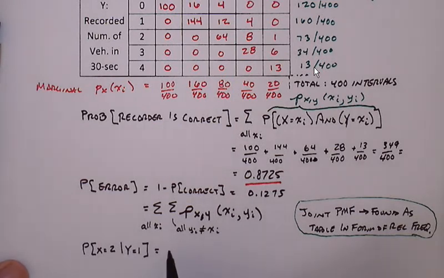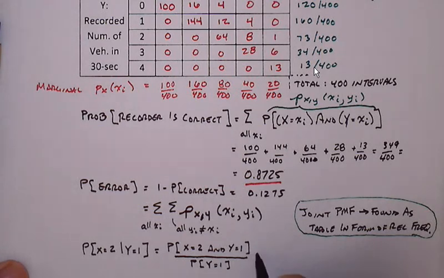We could look at the probability that x is equal to 2 and y is equal to 1, and then normalize that by the probability that y was equal to 1. That's just the definition of the conditional distribution.